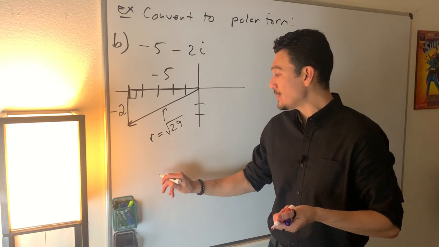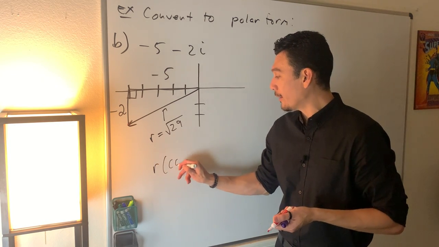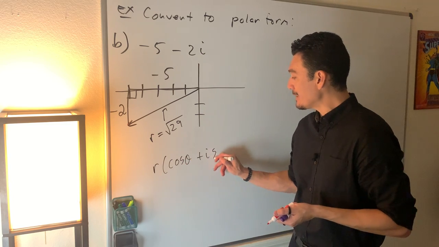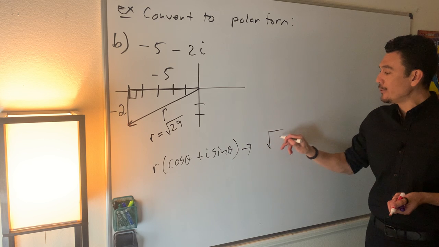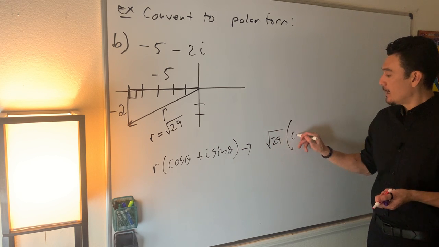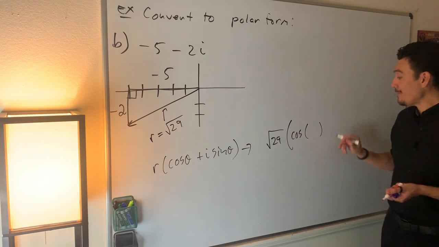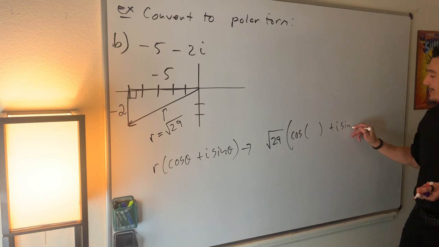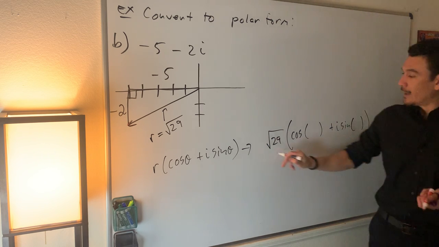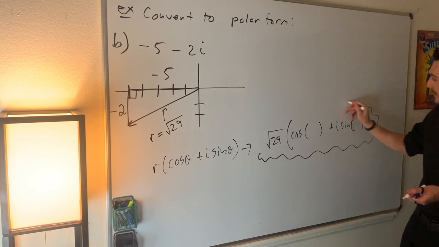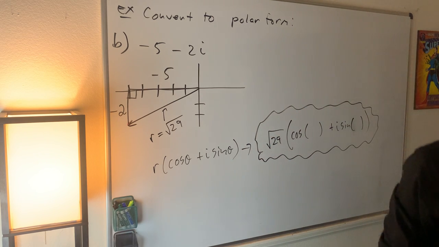My final answer is r cosine theta plus i sine theta, so it would be square root 29 and then cosine of something plus i sine of something. I'm going to bubble this in because this is going to be my final answer.